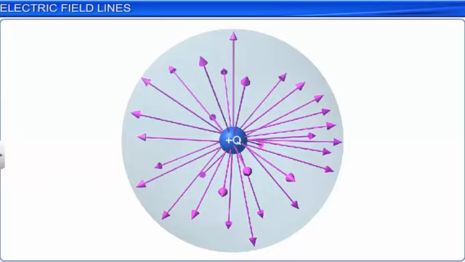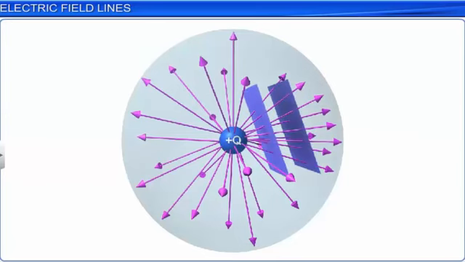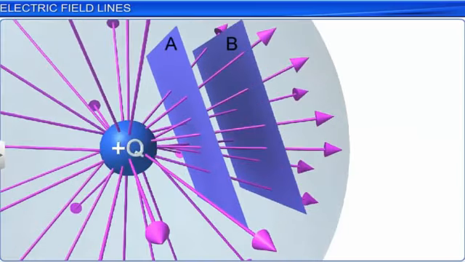To illustrate this, let us now consider two regions, A and B, of same area placed normal to the field lines in the electric field. The field lines in region A are relatively closer than those in region B. The number of field lines passing normal to an area is proportional to the magnitude of the electric field strength at these points.